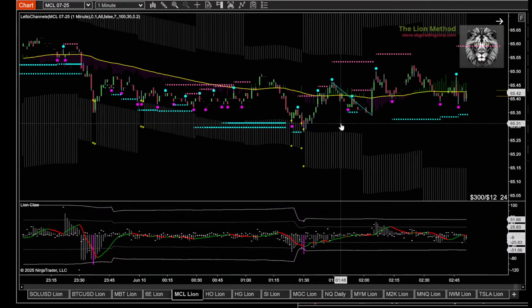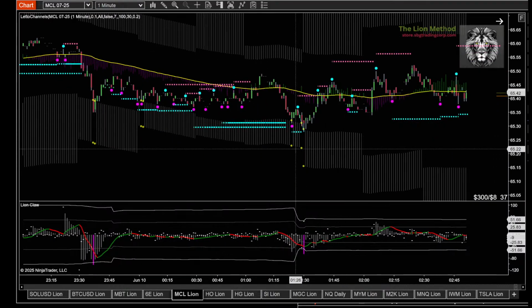All right, well, here it was an oversold back at 1:30 in the morning. Would have been a good trade. Looking at ways to use net delta in these oversold regions to get in a little earlier.